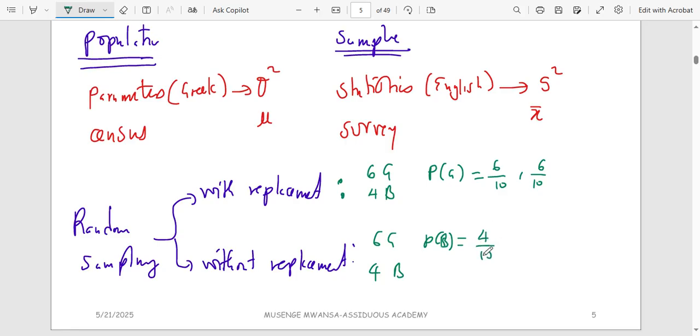But remember, this ball was not replaced. So since it was not replaced, if you pick another blue ball, the next pick will now be 3 out of the total, which will now be 9. Because remember, at the beginning we picked something that was blue. So meaning that the blue, instead of now being 4, they are now 3. And the total has reduced from 10 to being 9. Okay, so that is how you deal with picking without replacement. I hope that's okay.